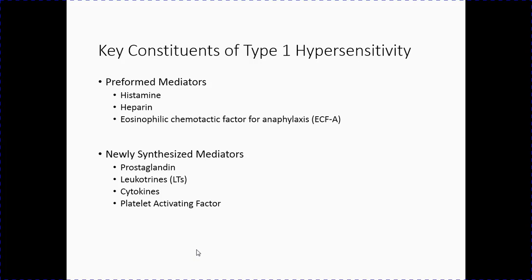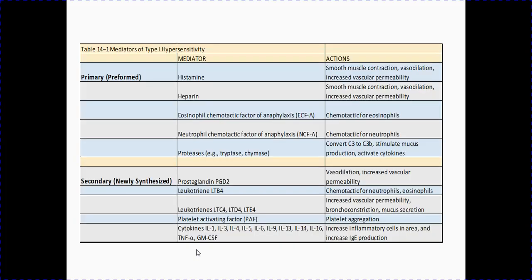Your book also calls the preformed mediators primary, and the newly synthesized mediators secondary. I actually made a little table on another slide, but it's table 14-1 in your book. This is a small list representing the preformed and newly synthesized mediators that we're going to be talking about. I'll talk about these in just a moment, so I'm not going to go through them now, but they're classified here for us to look at.